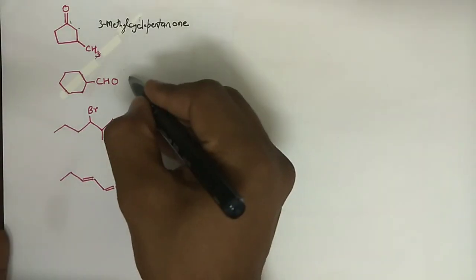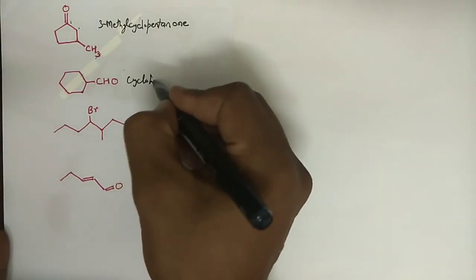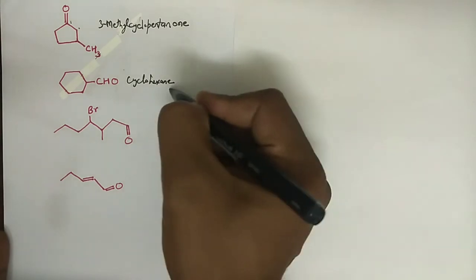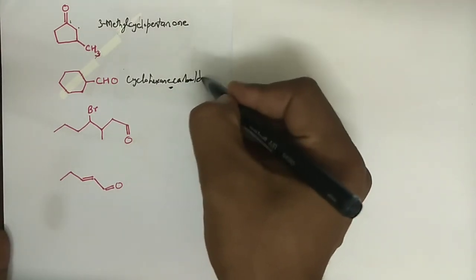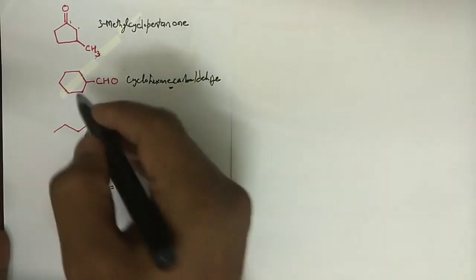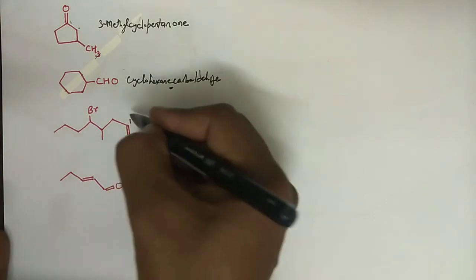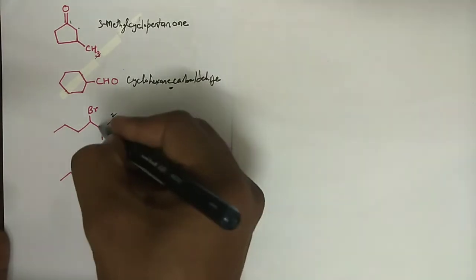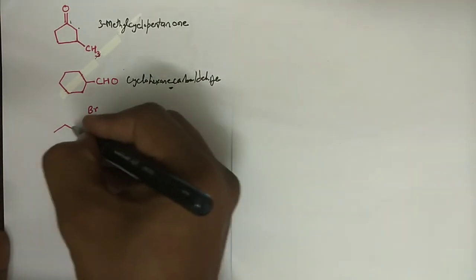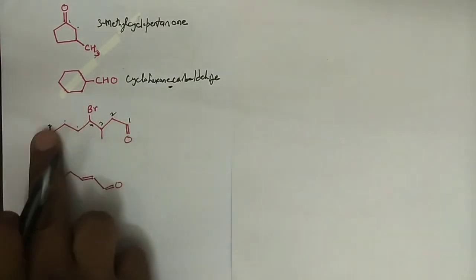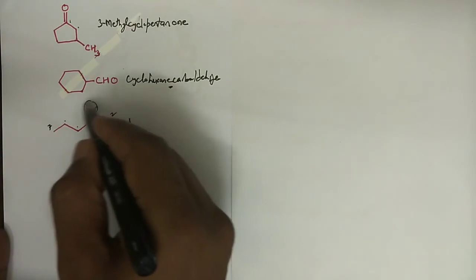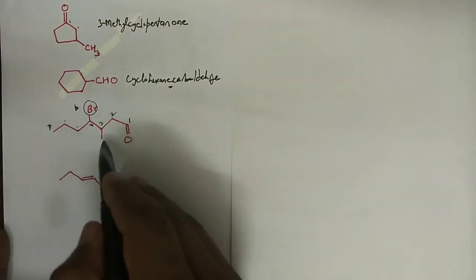Then the compound, this is known as cyclohexane carbaldehyde, because you cannot number this, right? And for this compound, numbering should be from this side 1, 2, 3, 4, 5, 6 and 7. So normally it will be heptanal, but here is bromo on the fourth position, which starts with B, and here is methyl, M, on the third.